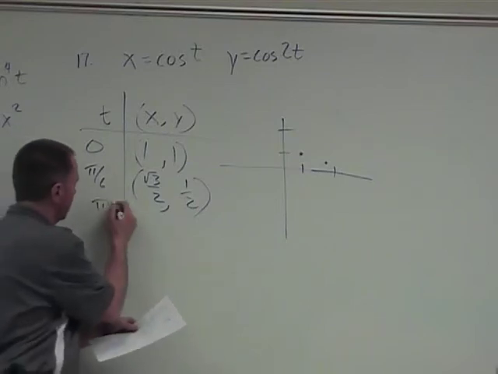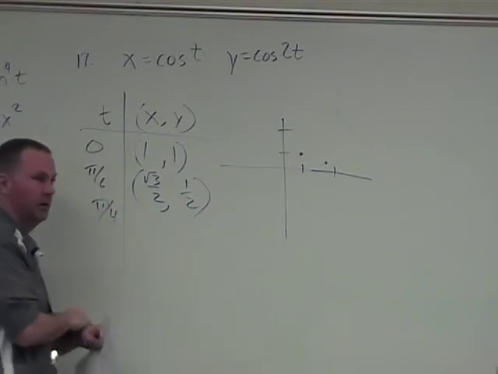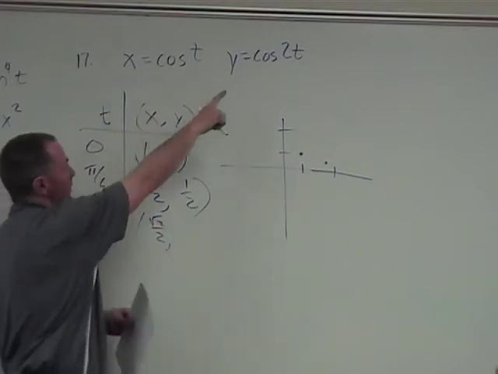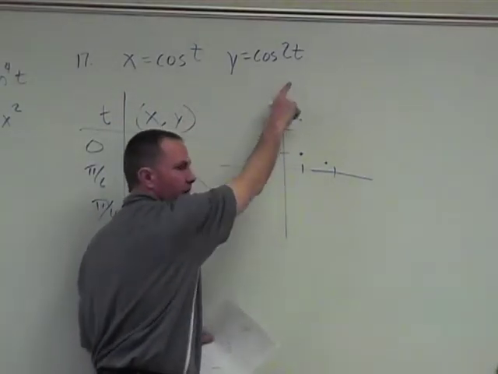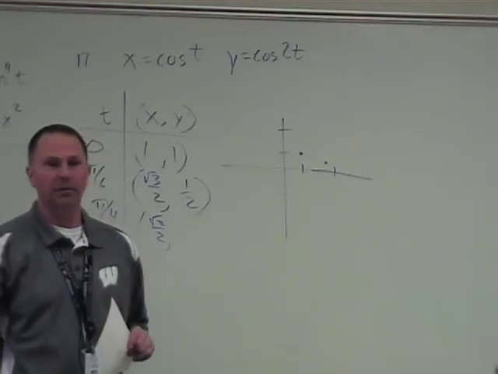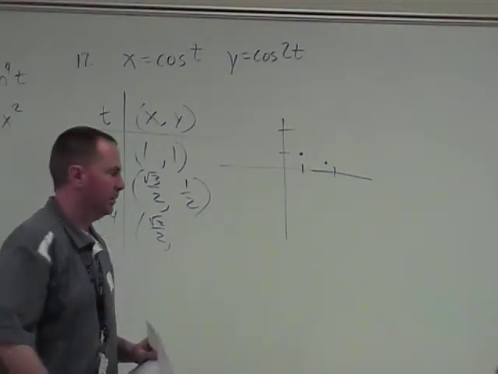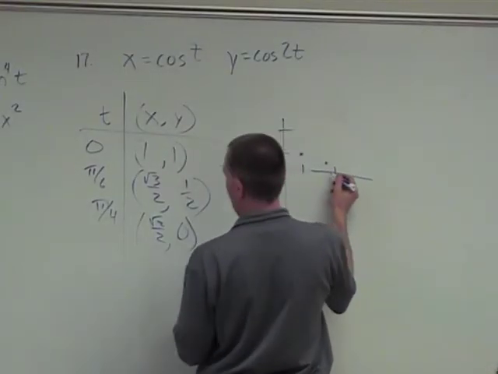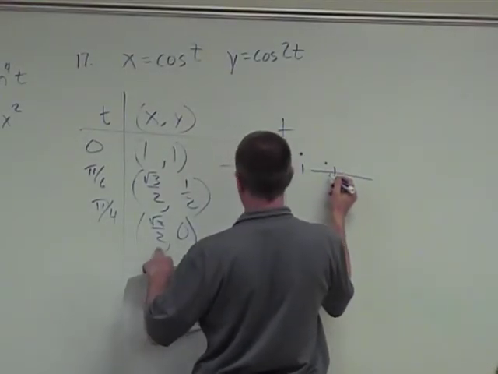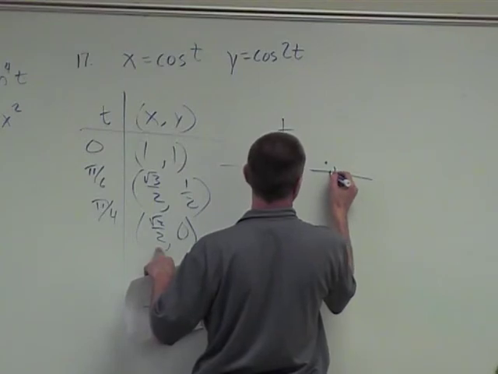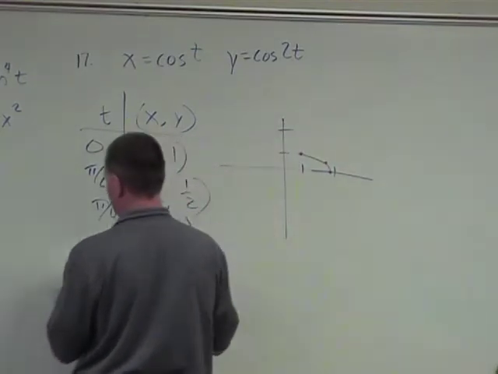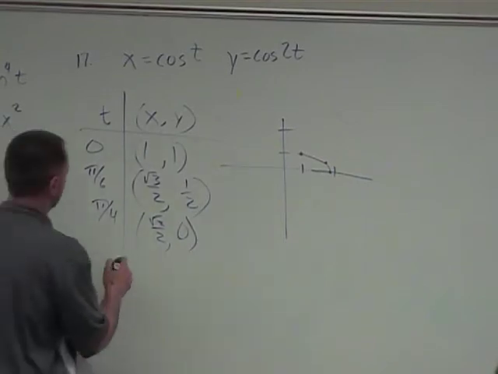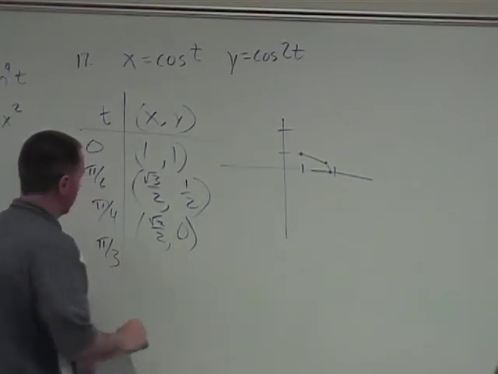Okay. Pi over 4. I don't know if I did that right. And then 2 times 45 is 90. What's the x value at 90? 0. So we are at, what is that, 0.7 and 0. And pi over 3, 60 degrees.